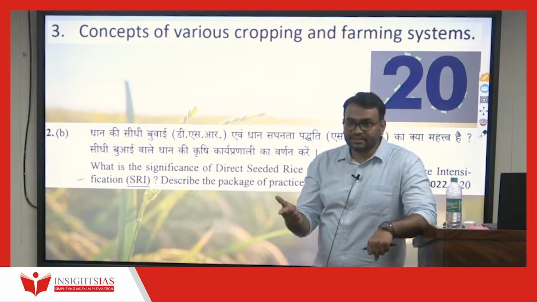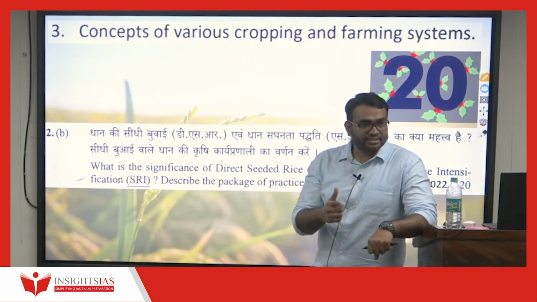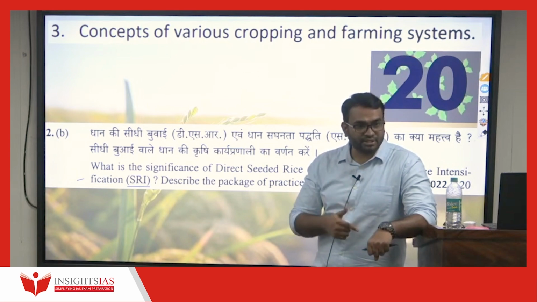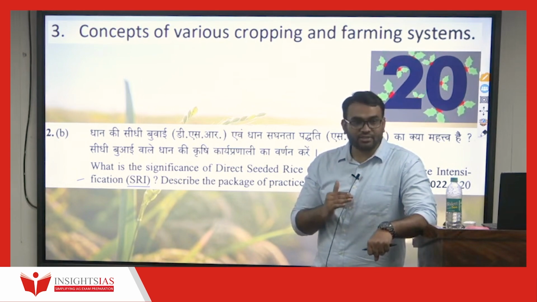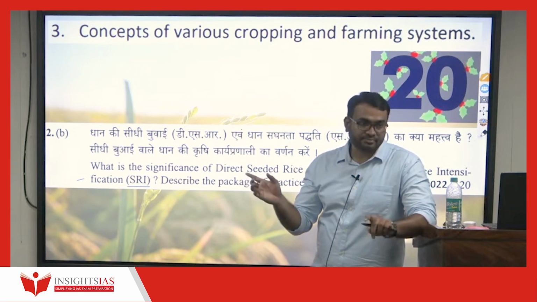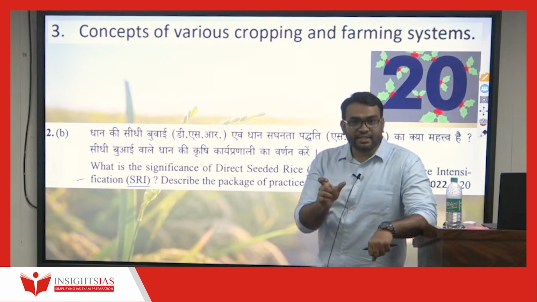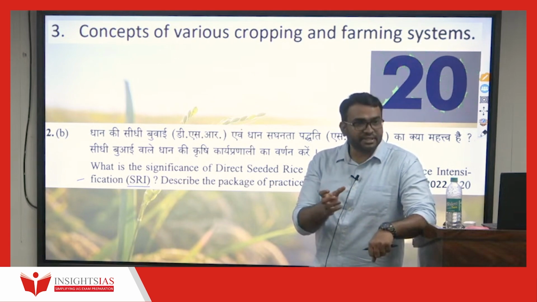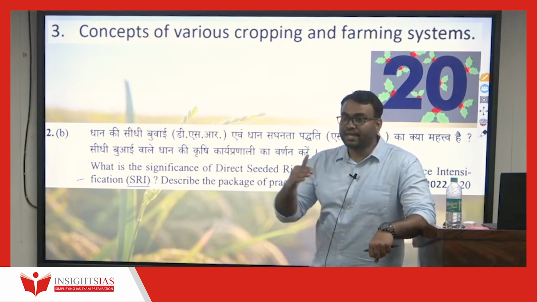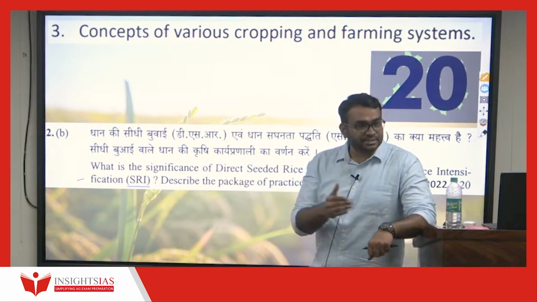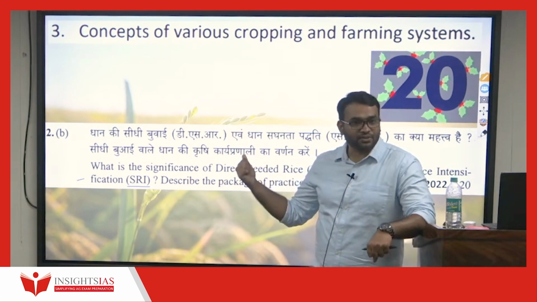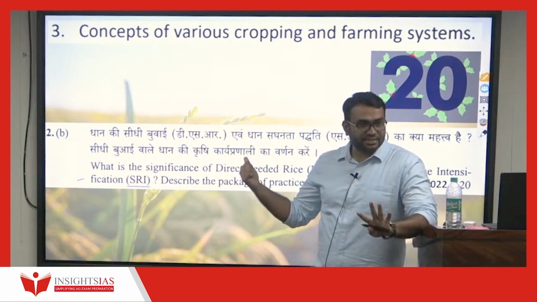Water allocation to the sectors can be rationalized because irrigation itself is taking 80% of the total available water in India. If we reduce that, other sectors can get better water. So this is the significance. Just writing that it is going to reduce by 2%, 3%, etc. doesn't matter. You have to add something extra to that. Then only that statement would be complete according to the demand of the question. Up to here it is clear?